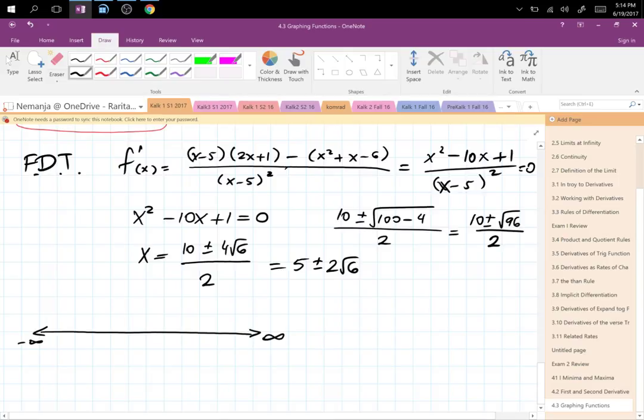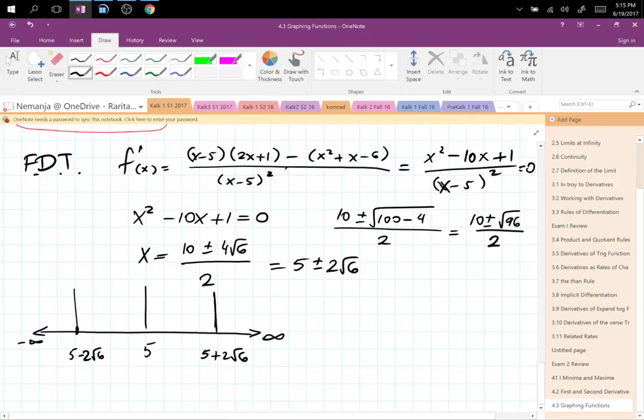I have the critical point at 5 minus 2 root 6. Then I have partition at 5, and then I have a partition later down the line of 5 plus 2 root 6.